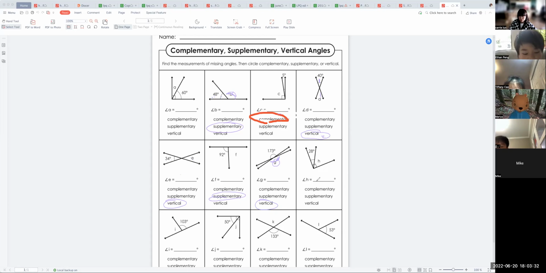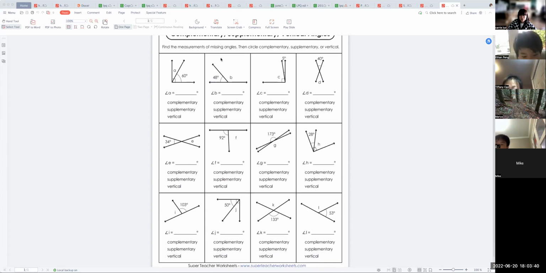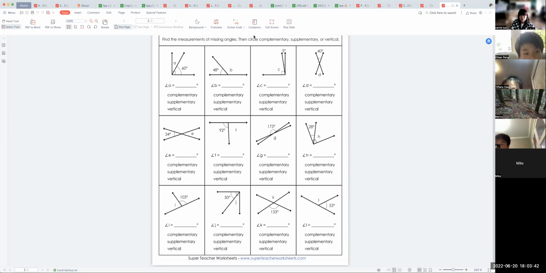Complementary. Complementary, very good. Angle I, Maris. Supplementary. Supplementary, very good. Angle J.